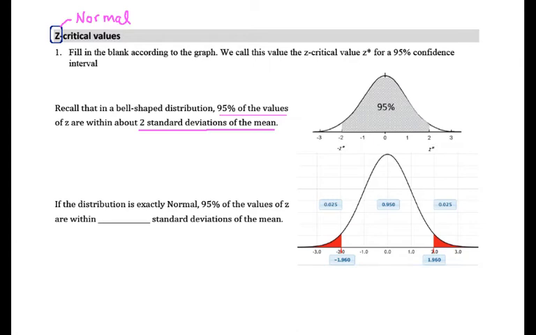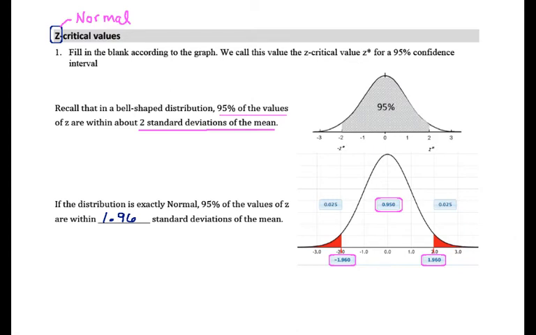If that distribution is exactly normal, then we can get a little more specific than 2 standard deviations of the mean. We can see from this picture here that if that's the center 95%, it looks like we go from negative 1.96 to positive 1.96, which means that 95% of the values are within 1.96 standard deviations of the mean.